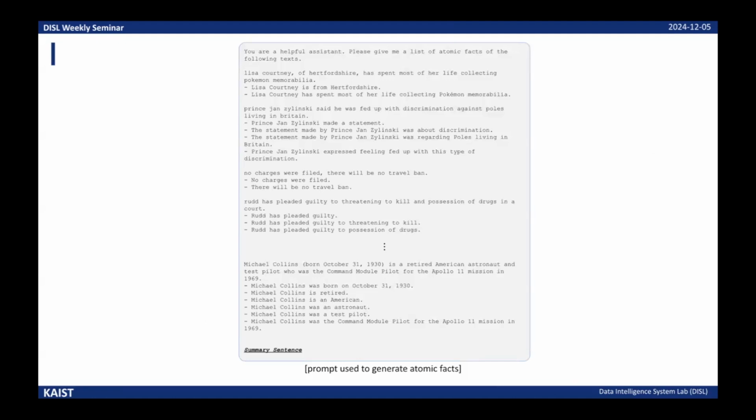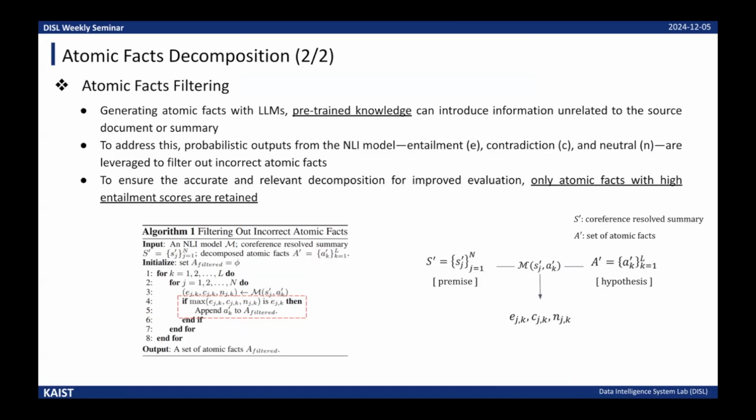Here is the prompt used for the LLM. When using an LLM to generate atomic facts, sometimes it can generate sentences containing information not present in the original text. To address this issue, they utilized an NLI-based methodology.